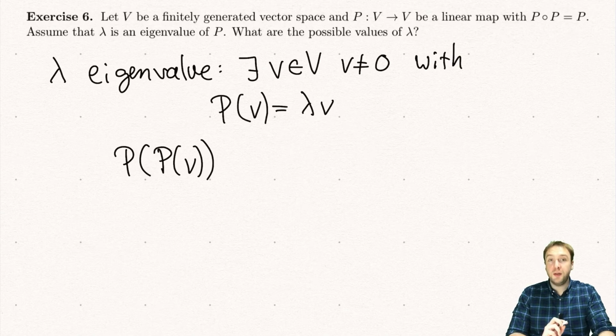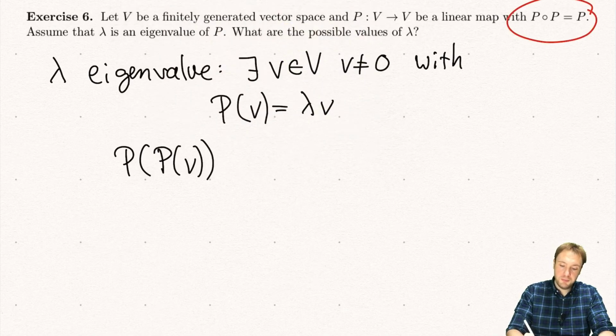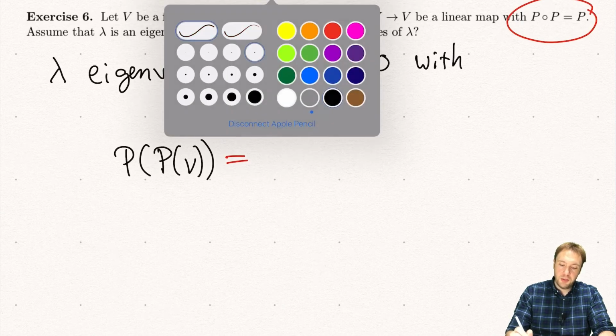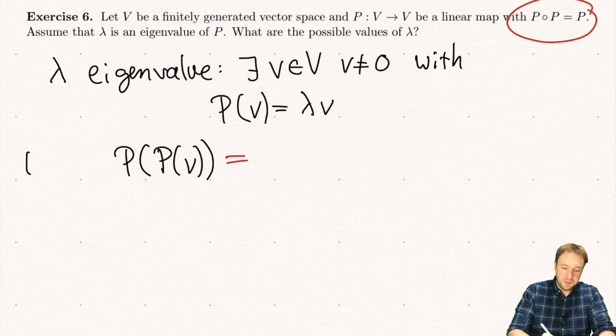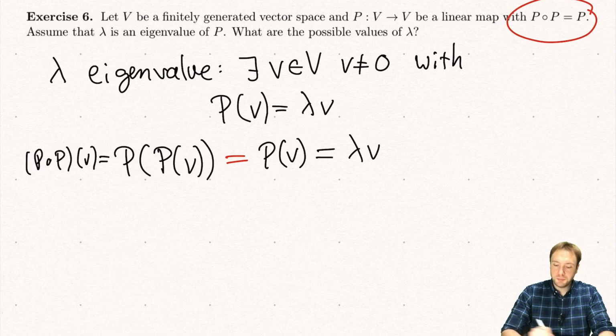So we can evaluate this now in two ways. One way would be to use this property here. Well, so here this is P circle P evaluated at v. So the definition is to just apply P twice. And using this property here, this is the same as P of v. So in other words, this is lambda v.